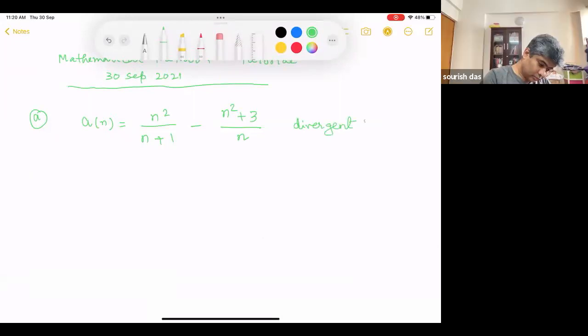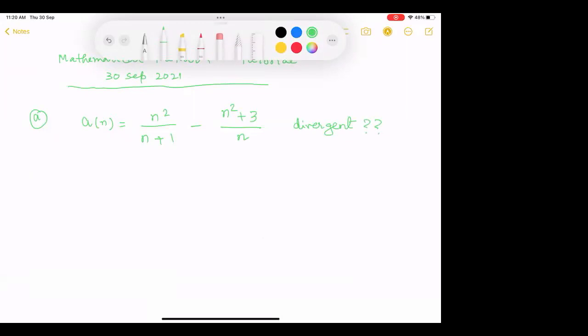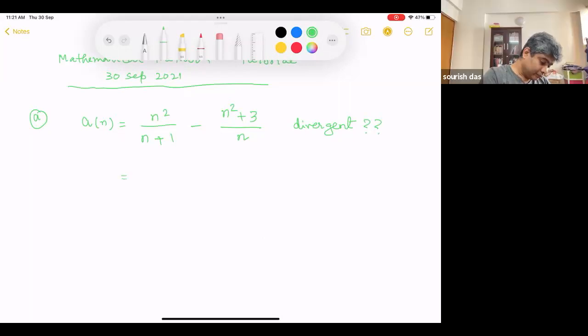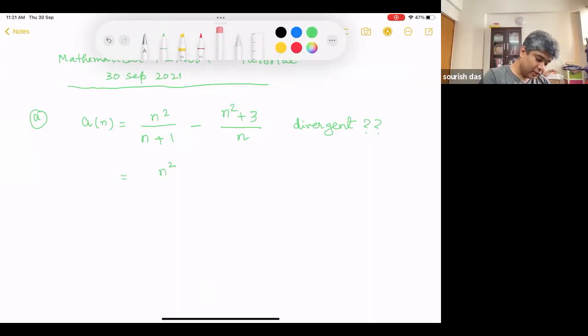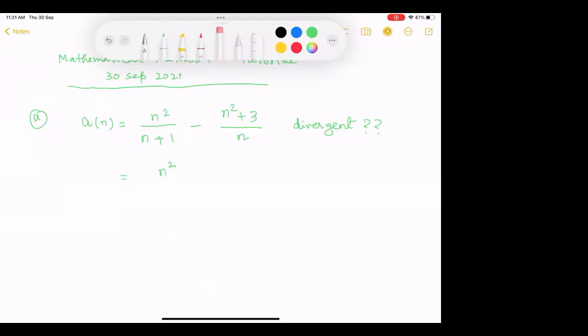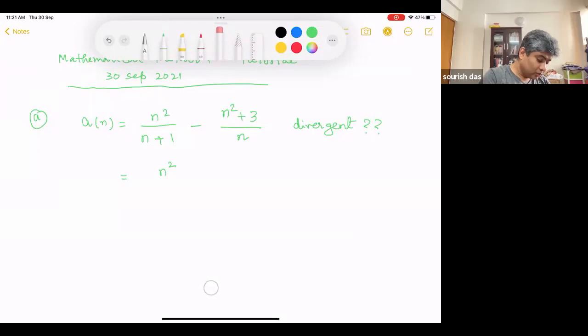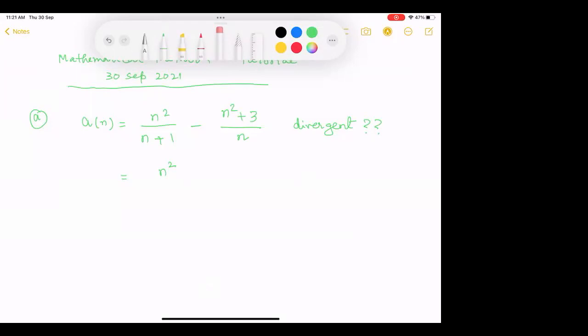Why do you think it is divergent? Because in the numerator you see squares and in the denominator you see n, right? Sir, I think it's convergent. How? Sir, it converges to -1. Yes, sir. If we take LCM, then the power in the denominator and numerator will be same.